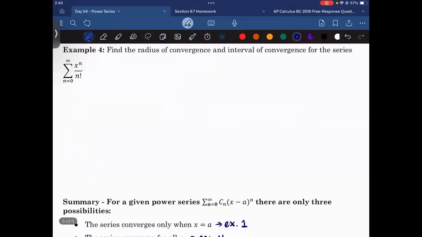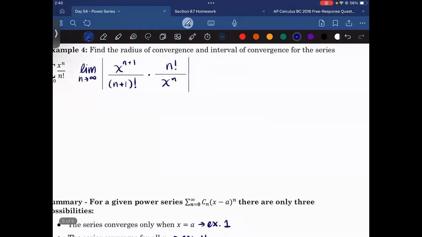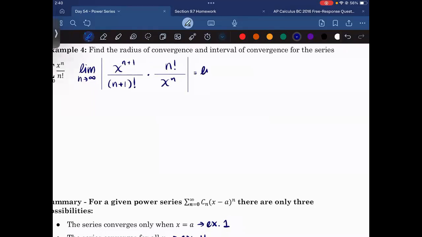Example 4, find the radius and interval of convergence. This one's going to be pretty nice. Ratio test of x to the n plus 1 over n plus 1 factorial, then times the original inverted. I'll write it out just because this one's a little bit faster.